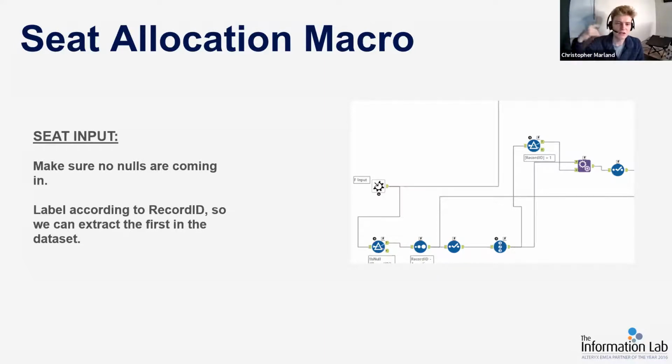And then we label according to record ID. So we find out we've got that first seat, seat 600, and we say, okay, that's seat number 1. And then everything gets labeled after that.